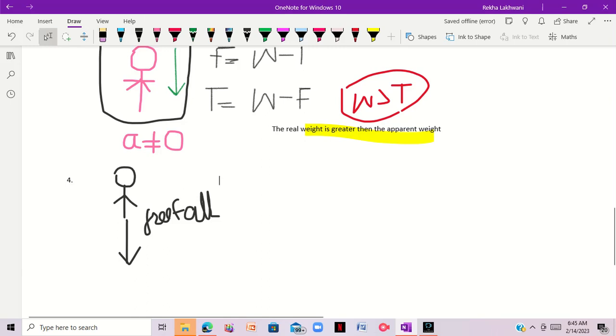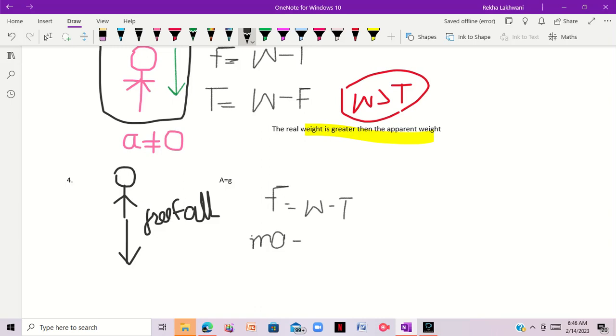When the body is in free fall motion, the acceleration is equal to gravity, right? So obviously it is coming downward, so the real weight will be greater than the apparent weight. We know that F is equal to ma, and W is equal to mg, and this is minus tension here, right?